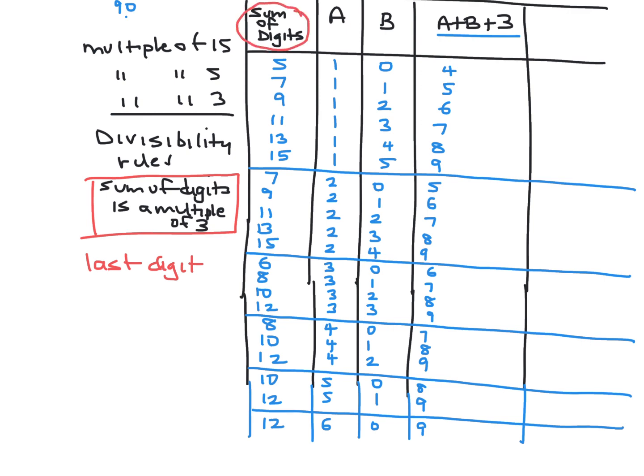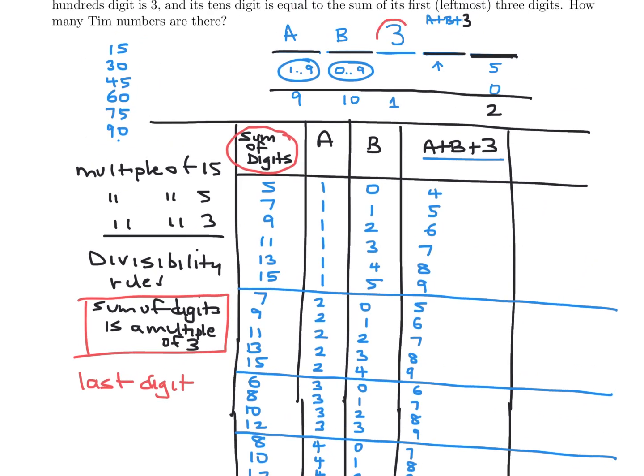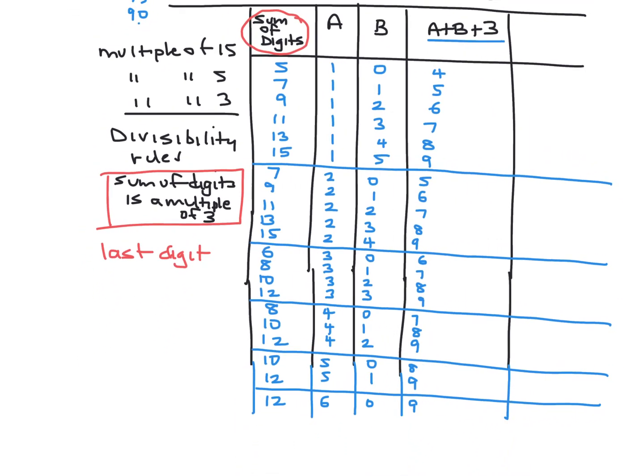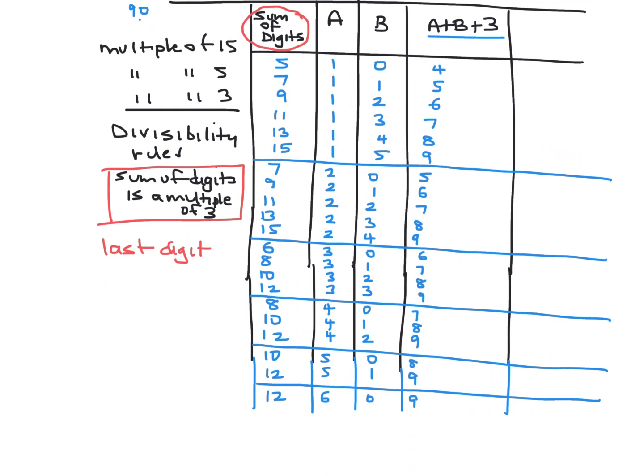Okay, so if the last digit is 0, then the total sum of digits of all 5 will be this sum plus the 3. Remember there was a 3 here, and then that 0. So the sum of the digits can be a multiple of 3 if the number in this column is already a multiple of 3. For example, this guy is already a multiple of 3, right?